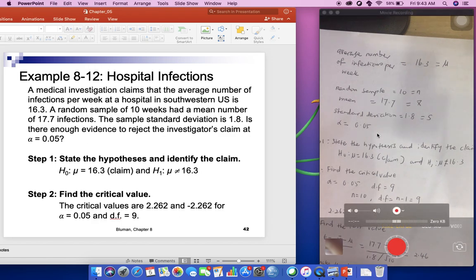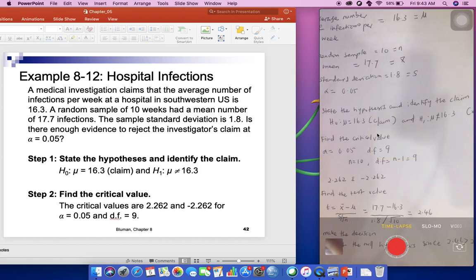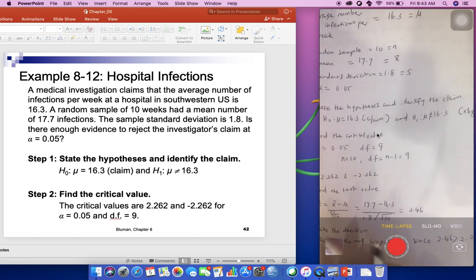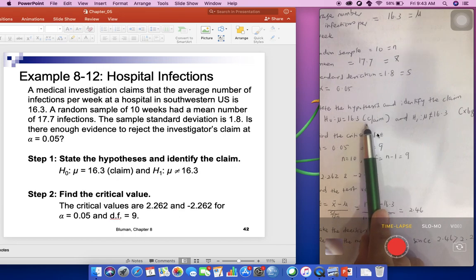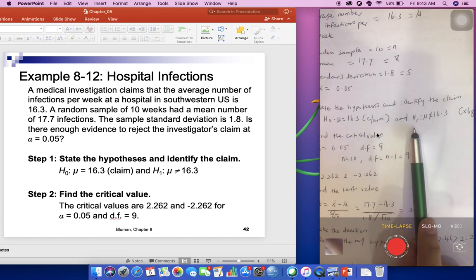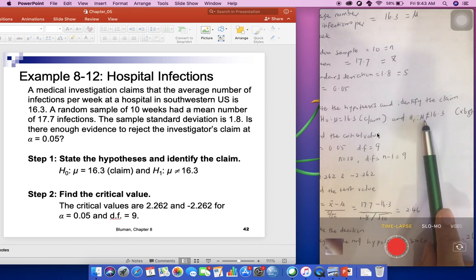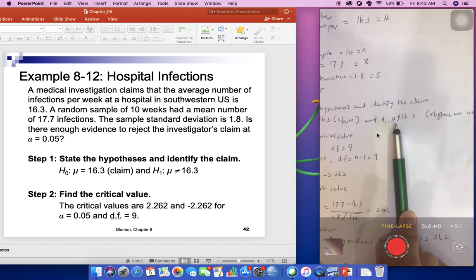For the first step, we must state the hypothesis and identify the claim. So H null: mu equals 16.3. For H1, we want to know whether this is a right tail, left tail, or two tail. Because in this example they didn't state whether it is increased, higher, lower, or decreased, we assume that this is a two tail example.